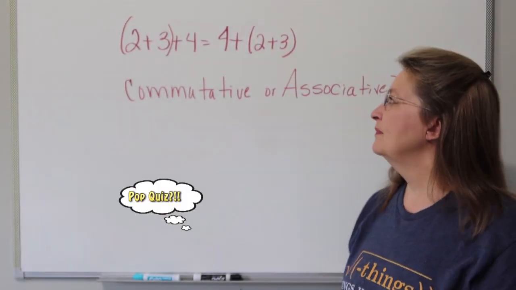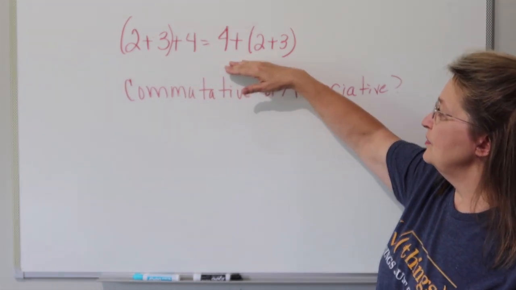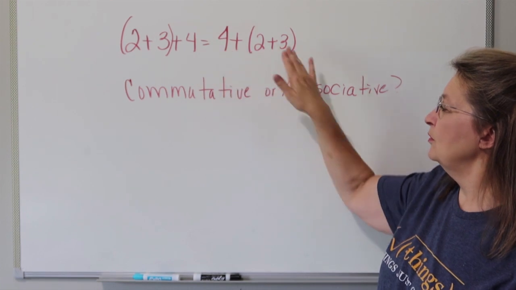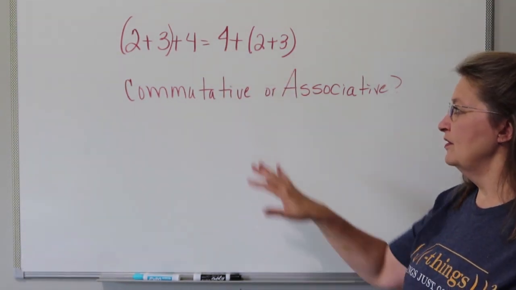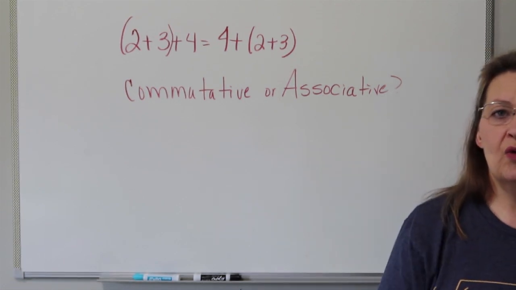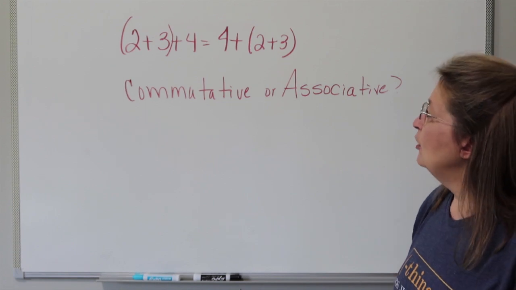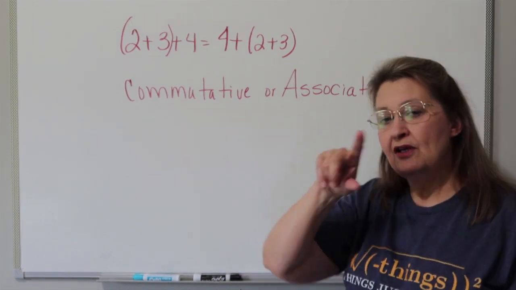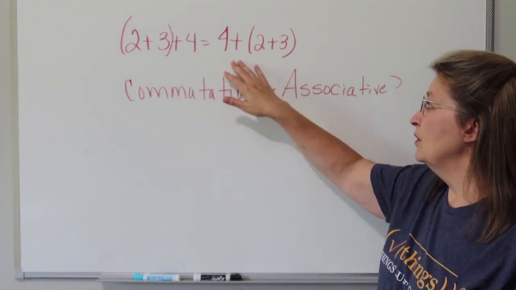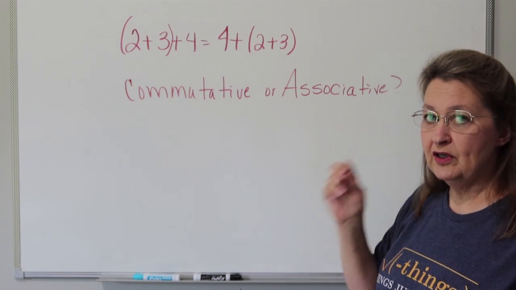Pop quiz time. If on a test you had an equation that looked like this, parentheses 2 plus 3 plus 4 equals 4 plus 2 plus 3, and you were asked, is this the commutative property or the associative property? Which one do you choose? Well, if you said the commutative property, you are 100% correct. I catch a lot of students with this one because they see those parentheses and they automatically assume associative.